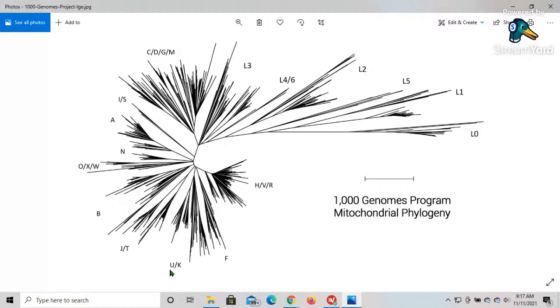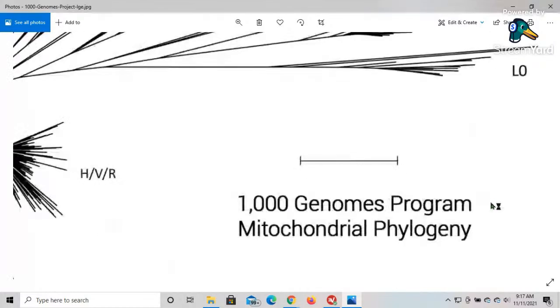Of course, here's the U that we were looking at earlier. This is Europe. This is the mitochondrial DNA haplogroup in Europe. 95% of Europeans have these designations here. I'm an H3G, if anyone cares to know. Anyway. Thousand Genomes Project mitochondrial phylogeny.